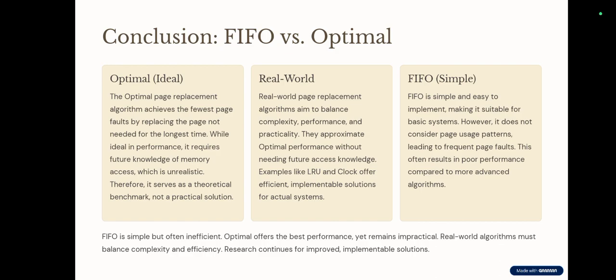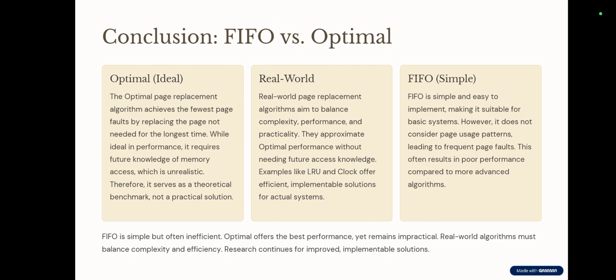FIFO has very low complexity, whereas optimal is very high, needing future information. Third, practicality. FIFO is real-world usable, whereas optimal is only theoretical. And the last aspect, performance: FIFO is often poor, and optimal is always best. So while optimal is perfect but not practical, FIFO is practical but not efficient. What do we do?